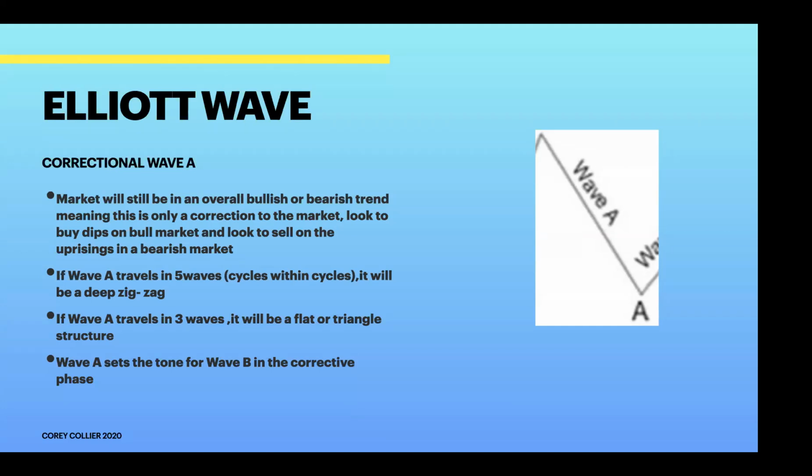Those 2 lines right there are big because I'm going to show you some images of different types of corrections later, right? Wave A sets the tone for wave B in the corrective phase. So what that means is, depending on whether wave A is in 5 cycles or 3 cycles, wave B, guys, is going to react in a certain way.